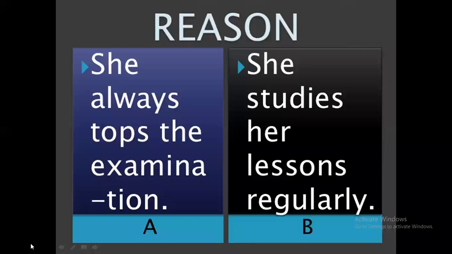Again, cause and effect. Result and reason. You can write this sentence in two ways.